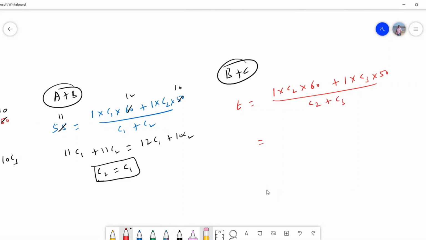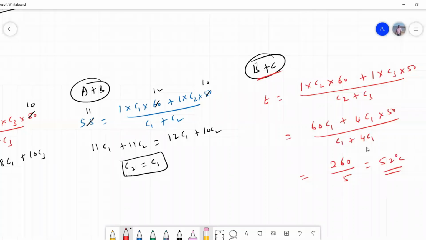We know C2 is equal to C1, so simply write 60 C1, and for C3 we got 4 C1 into 50, upon C1 plus 4 C1, which is nothing but 260 upon 5, nothing but 52 degrees centigrade. So when B and C are mixed, the resultant temperature is 52.